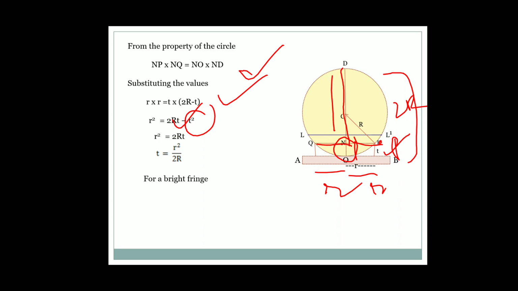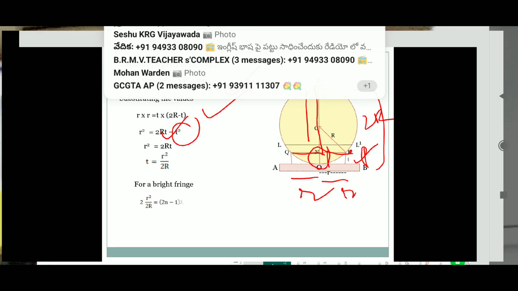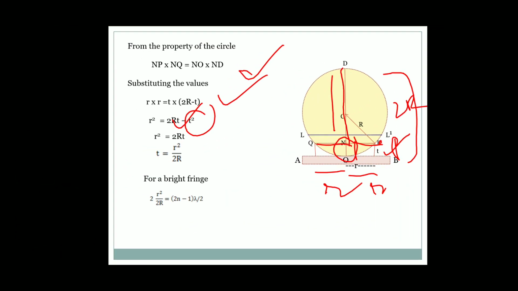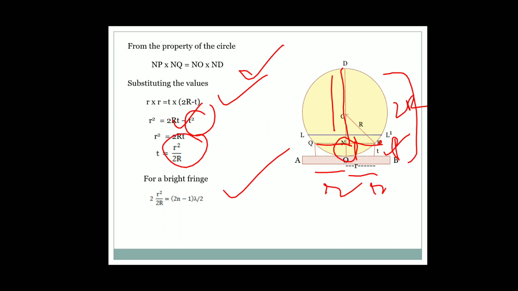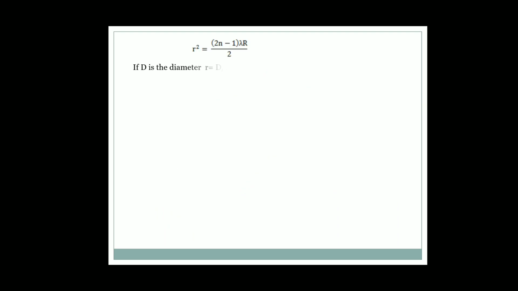So for a bright fringe, we know that 2t is equal to (2n minus 1) into λ/2. So t is replaced by r squared by 2R, so that 2 into r squared by 2R is equal to (2n minus 1) into λ/2, for which r squared is equal to (2n minus 1) into λR/2. But we know if D is the diameter of the bright ring, then radius r is equal to D/2, so (D/2) squared, that is D squared by 4, is equal to (2n minus 1) into λR/2.